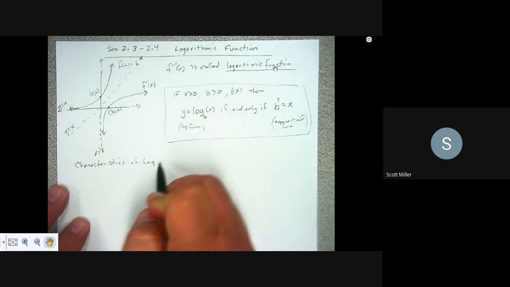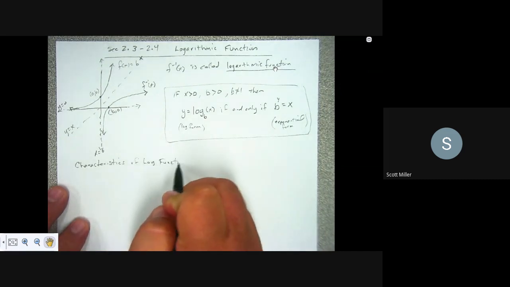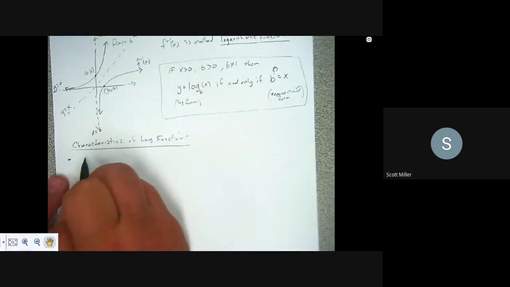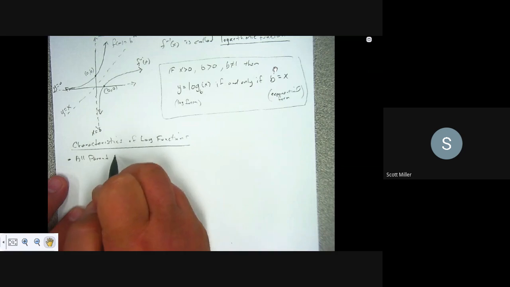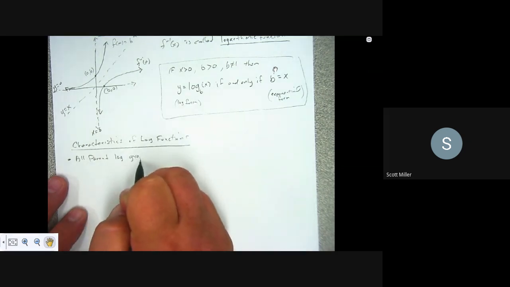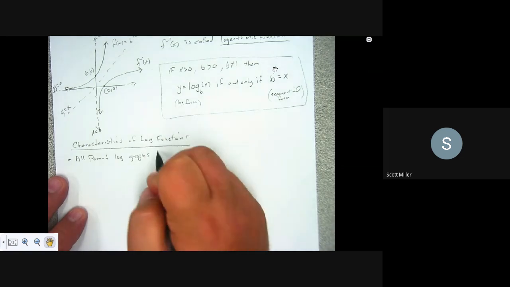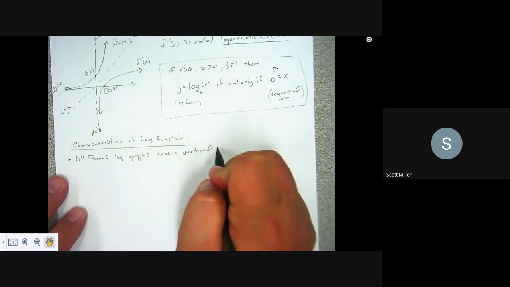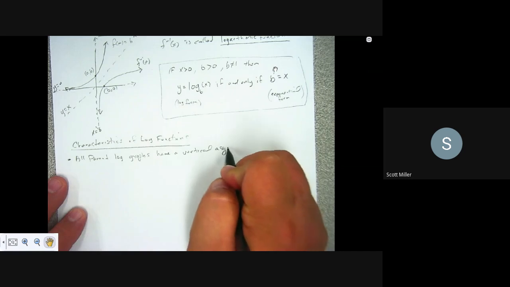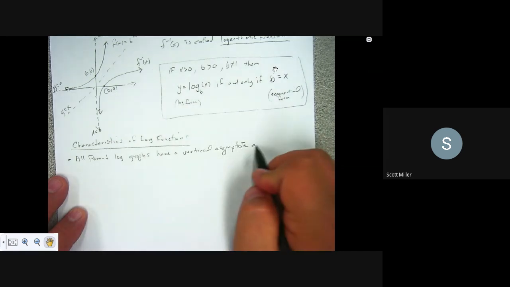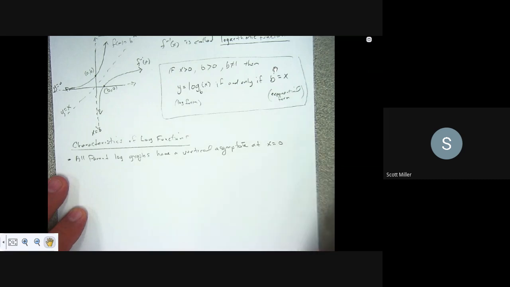So what are some characteristics of log functions? Number one, all parent log graphs have a vertical asymptote at x equals 0.